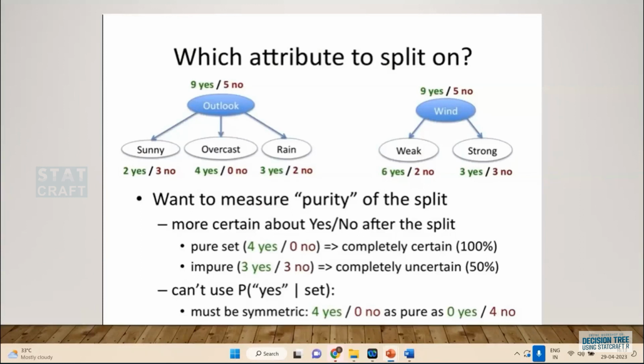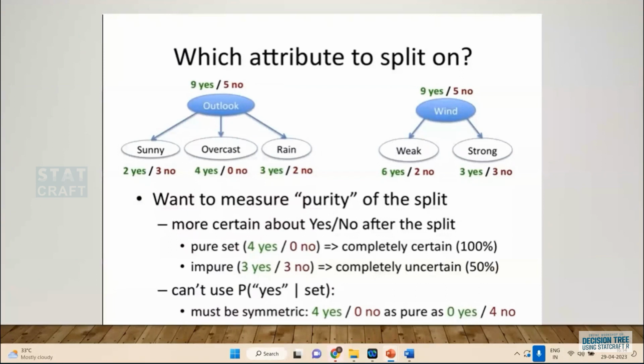Which attribute to split on, right? The question arises that when the algorithm runs, which parameters should be considered for splitting purposes? Should we split from outlook, or should we split from wind? Whenever you run the decision tree, irrespective of any software, it will always generate a different tree based on the node it picks up.